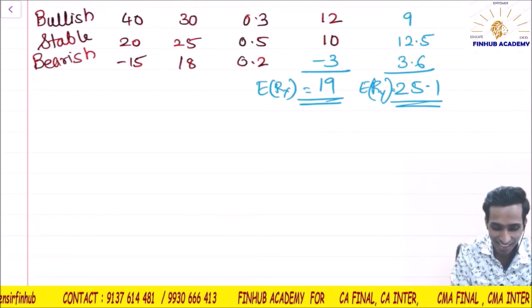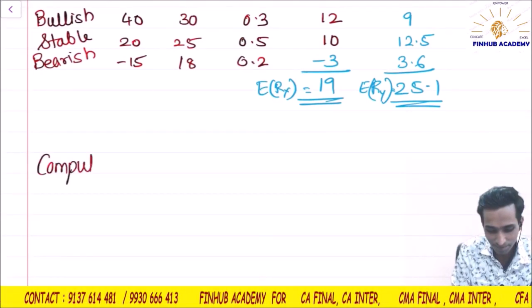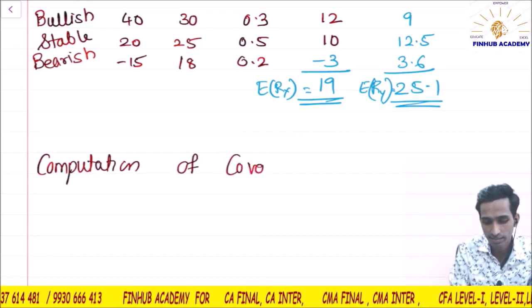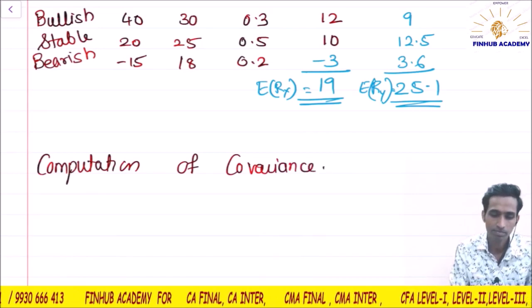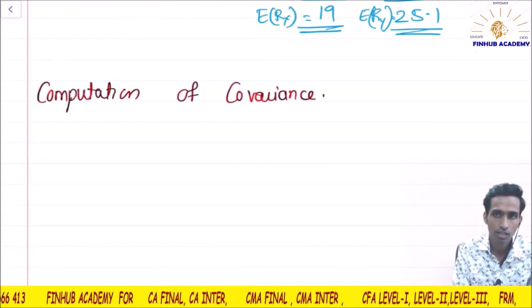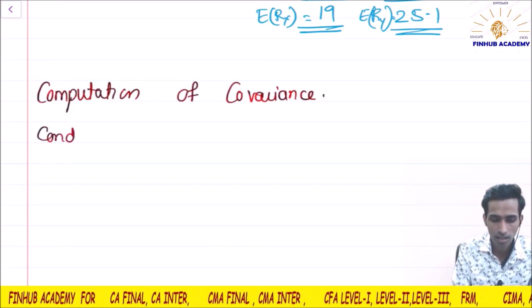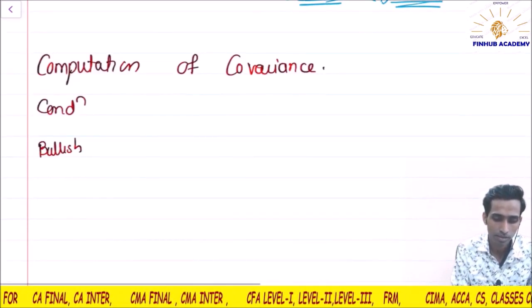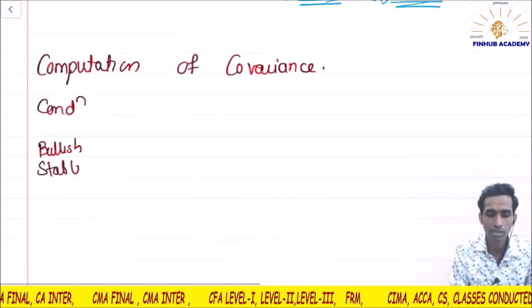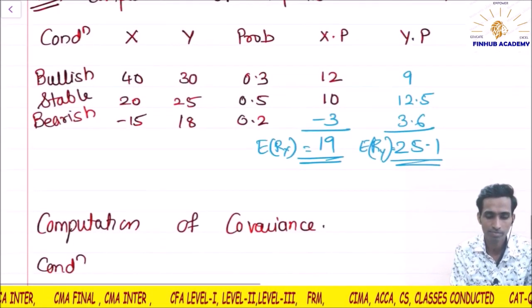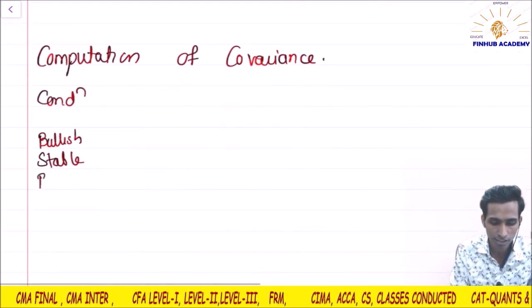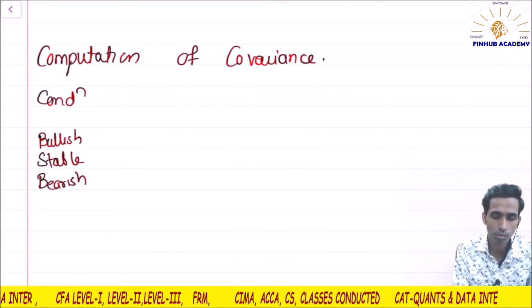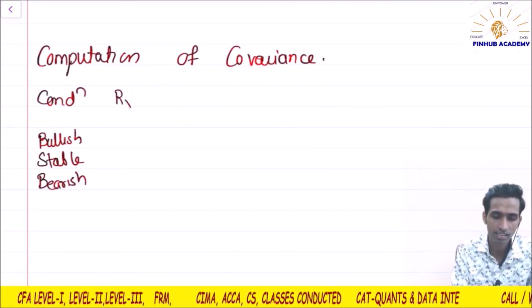Computation of covariance. Condition: bullish, stable, bearish. Then probability, then Rx, then Ry.